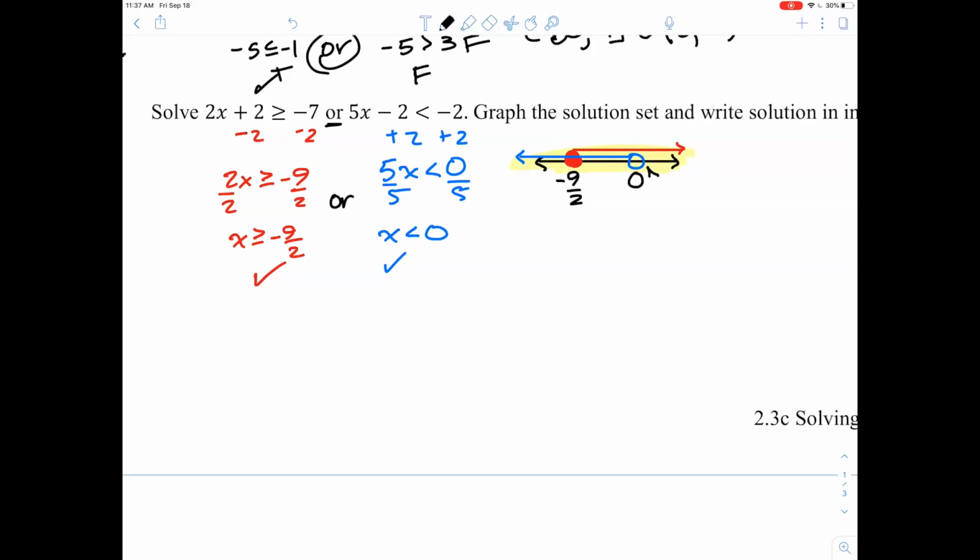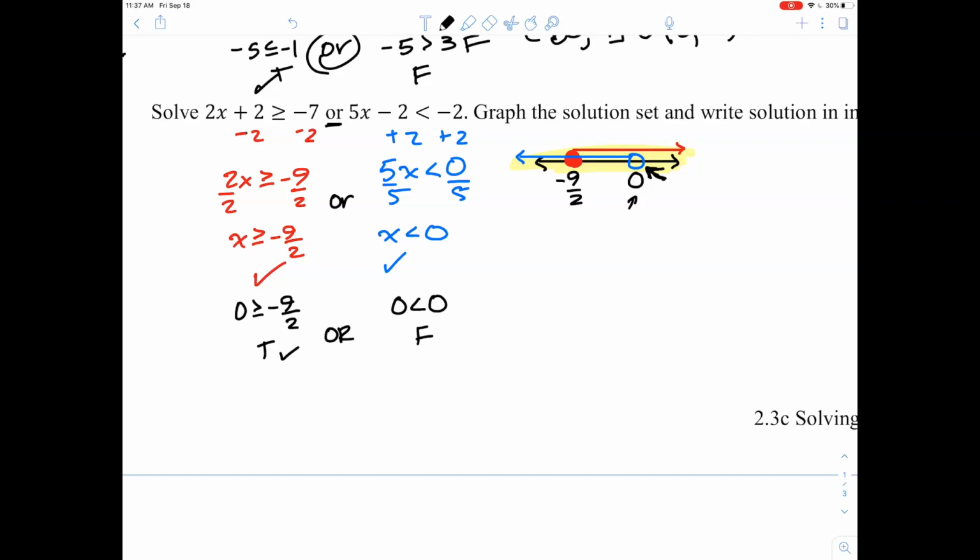And it's even this hole right here for the blue equation where x equals 0. Because watch, if 0 is the number I'm plugging in, 0 is greater than or equal to -9/2. This is true. Over here, 0 is less than 0. Well, that is false. But it only has to be true for one.